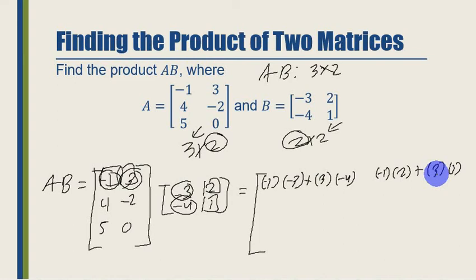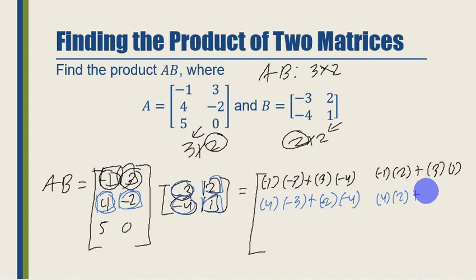And that process follows. For the entry in row 2 column 1, we would have to multiply 4 by -3, then add it to -2 times -4, while the entry in row 2 column 2 would be 4 times 2 plus -2 times 1.